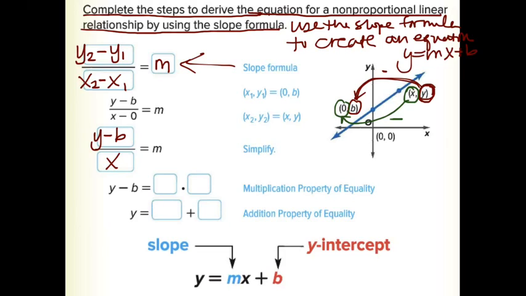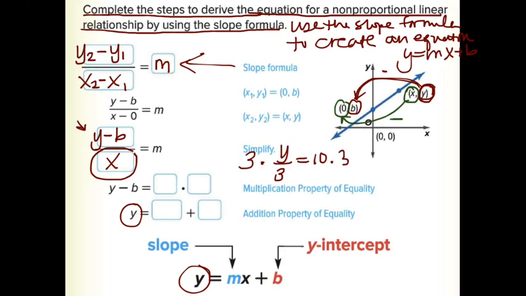Now, our final goal is to get y equals something. So I've got to start eliminating everything that's around my y that's getting in the way. Okay, it's easiest to get rid of this denominator first. If I had y over 3 equals 10, to get rid of this 3, I would multiply each side by 3.